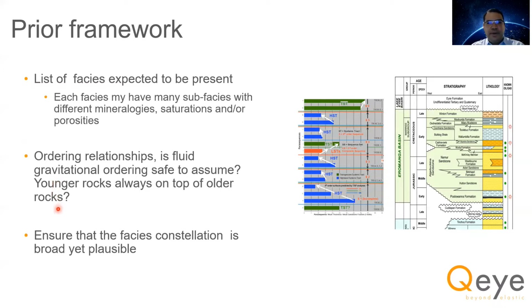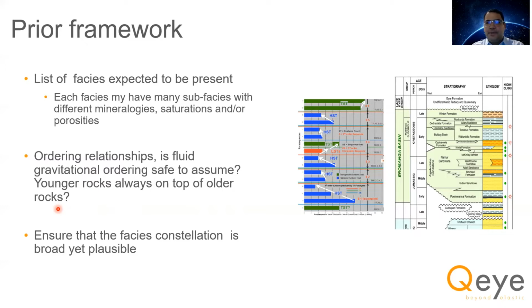Now, something important is that we need to ensure that the facies constellation that we are setting up in our prior framework is broad enough so that it includes not only facies that have been sampled by the wells in the area, but also facies that might exist but have not been sampled yet.